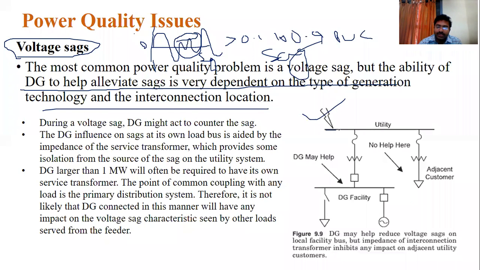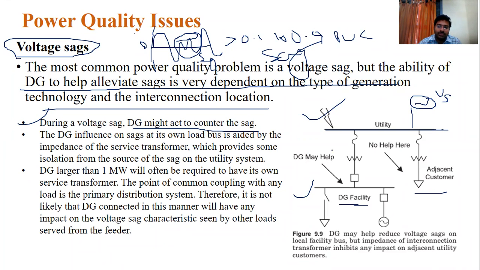This is the utility system, nothing but the main feeder, with main source VS. This feeder is subdivided into two categories: some adjacent customers, and others served through transformers that step down the voltage for other customers. Near those loads, we are installing some DGs. During a sag, the DG might act to counter that sag.